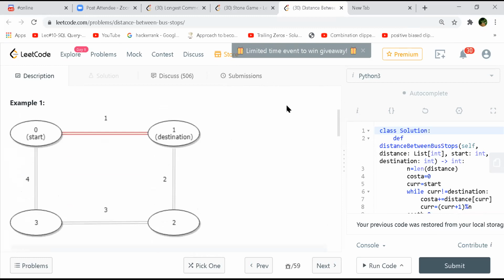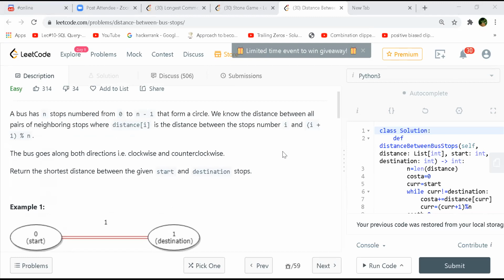So how do you do it? One is BFS, right? Since it is a circular array, we can just go clockwise or anti-clockwise and then take the minimum of both the values. That would also be very reasonable.